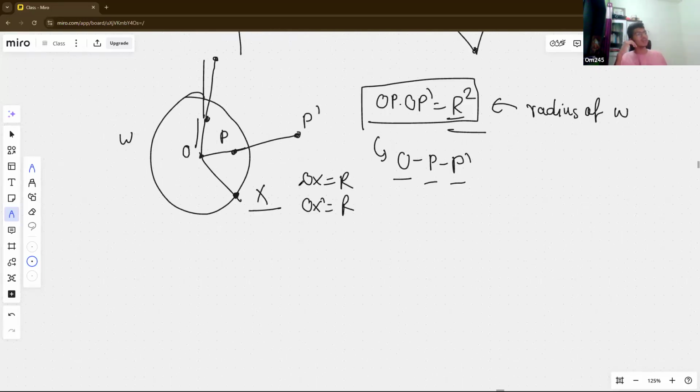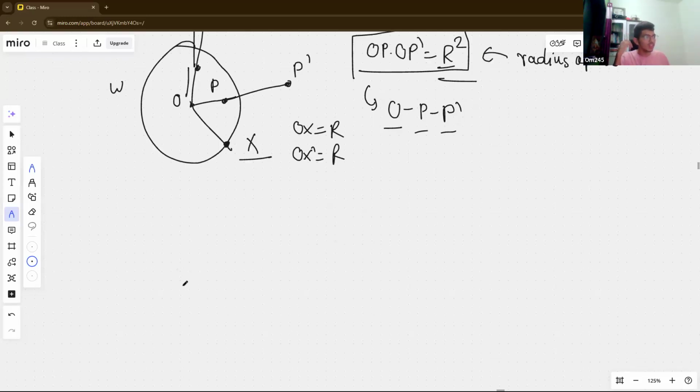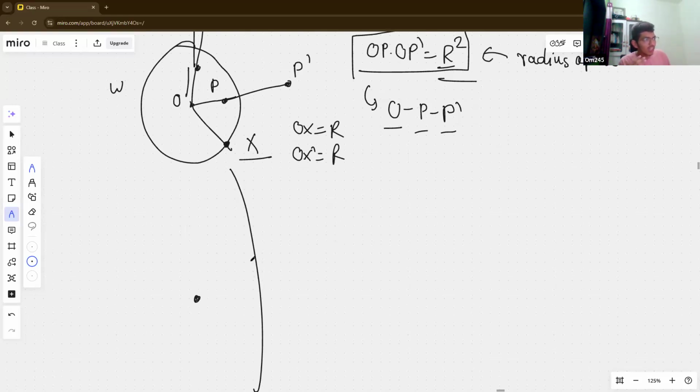One of the key ways to visualize what is happening: consider a circle with a very large radius. If the radius is so large that the circle just becomes a line, then if you calculate, it's just reflection.